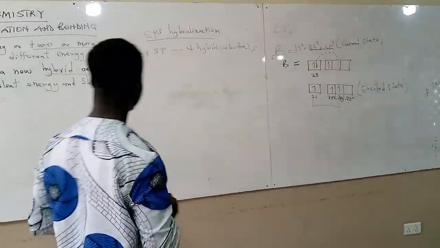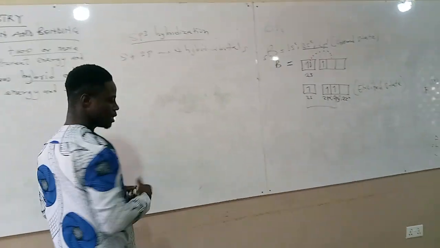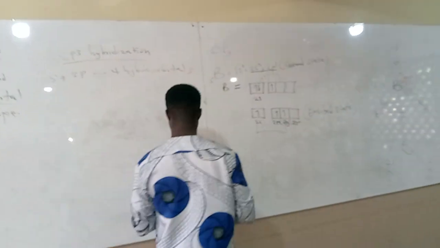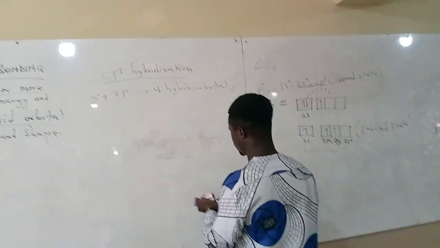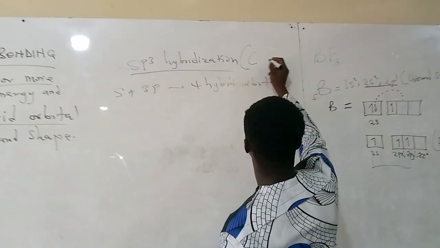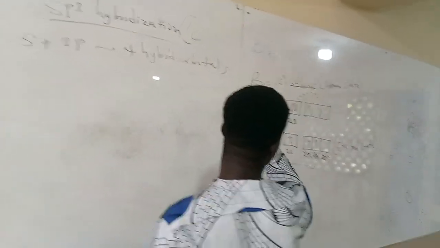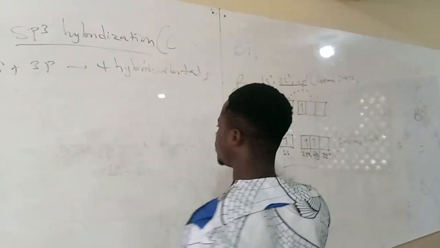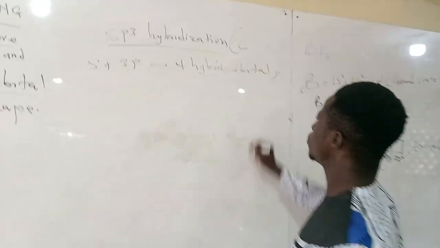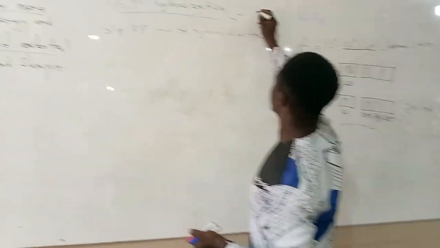Alright. Now, in terms of carbon-carbon bonding, when I have a carbon-carbon, this is a single bond. We did sp, where we said it's a triple bond, and sp2. So this one is a single bond, like this.